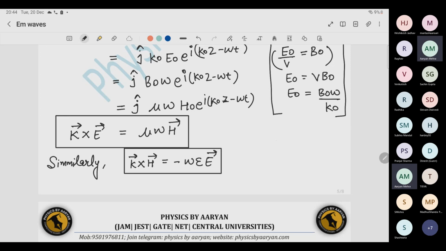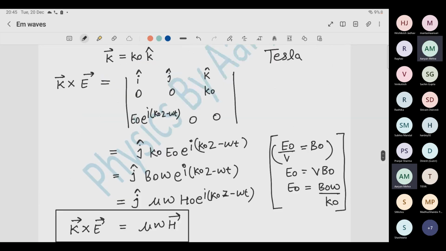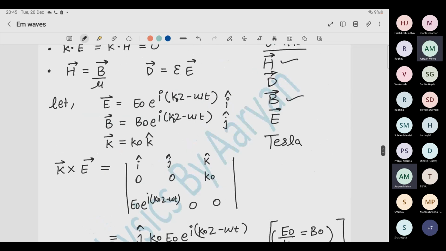Okay. Now, any other questions before we move forward? Yes, sir. Bhaiya, can you repeat the applied electric field and magnetic field part, like B, H, and E and D? Okay. So whenever someone asks what magnetic field you apply, it means you have applied H. H is something which you can apply.